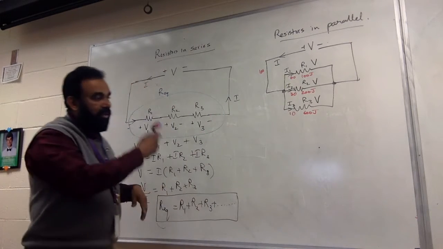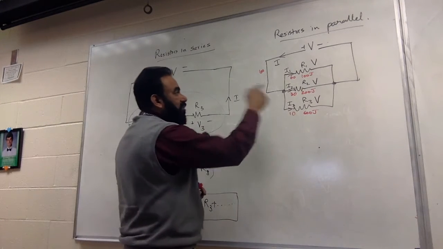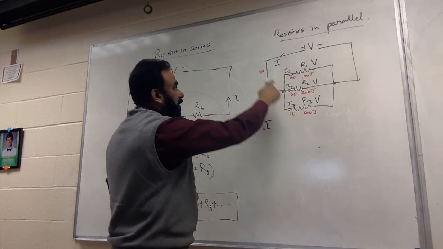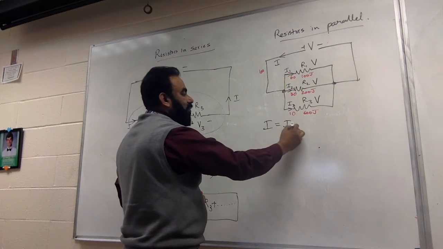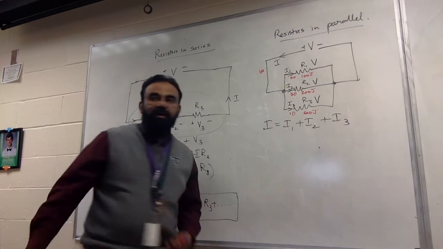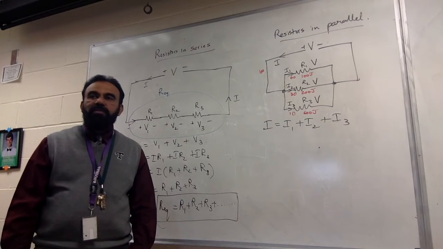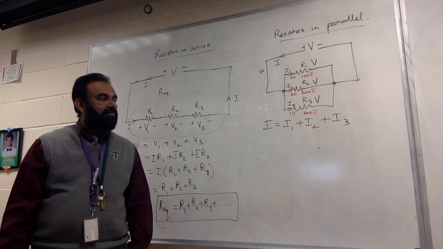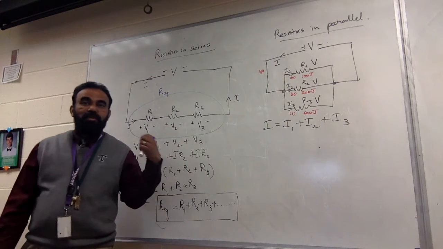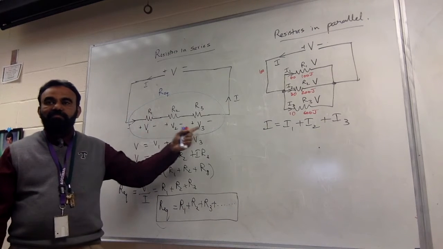Okay. So do you understand about parallel connection properly? Good. Now, what you understand over here is that potential difference is common, but currents are different. So I1 plus I2 plus I3 must equal I. Whereas here, V1 plus V2 plus V3 should be equal to V. What is common over here through all of them?